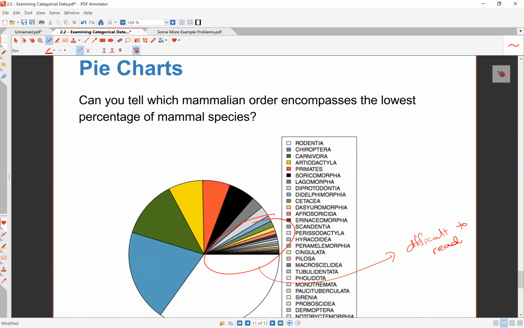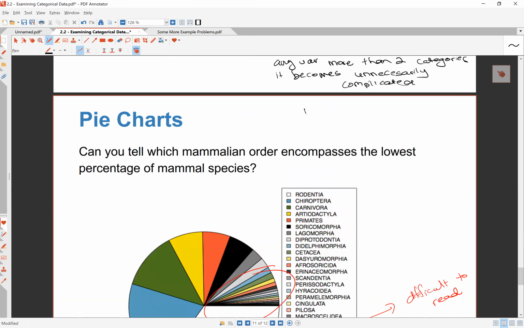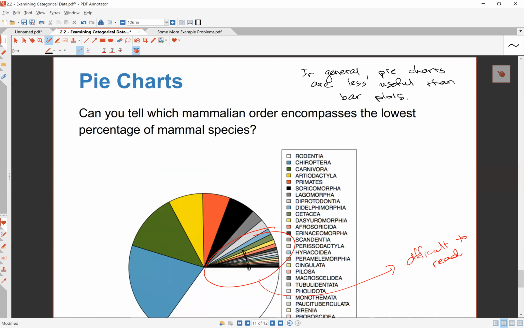In general, pie charts are less useful than bar plots, because bar plots would separate out all of these categories and you would see them next to one another, and you can often see how the bars get shorter and shorter.